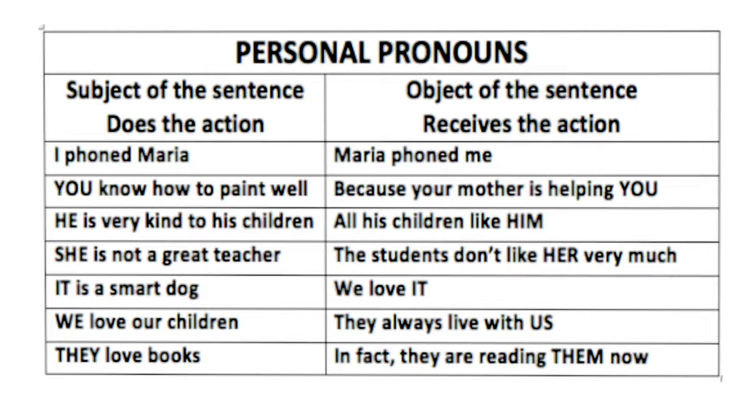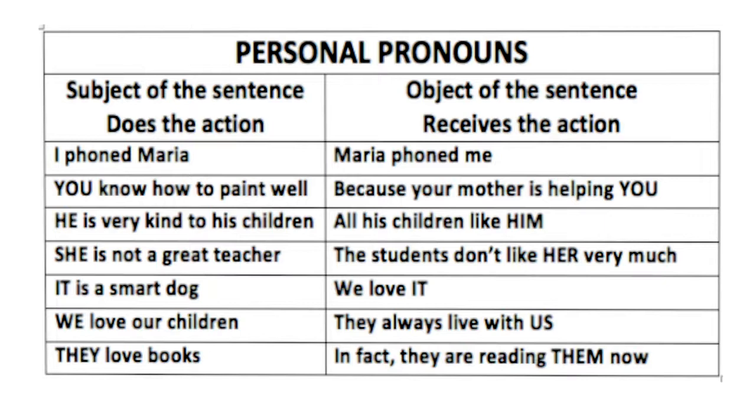Let's look at other examples. Also, please say after me. Because your mother is helping you. All his children like him. The students don't like her very much. We love it. They always live with us. In fact, they are reading them now.